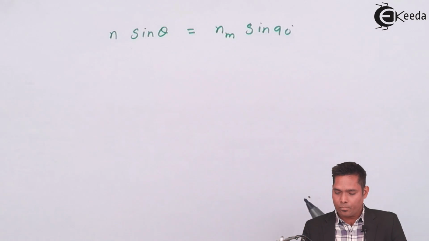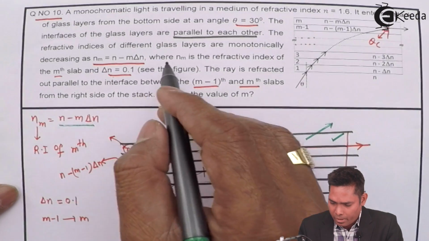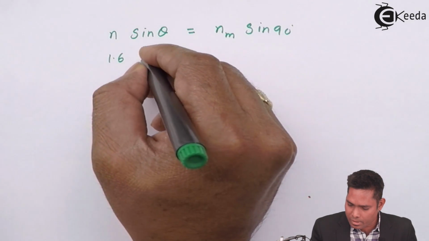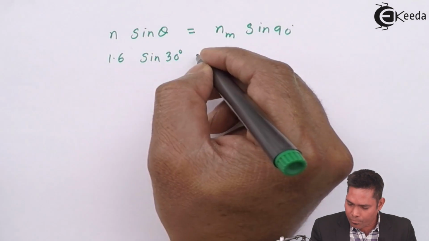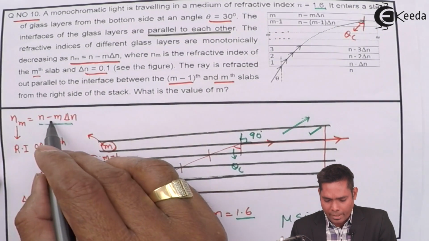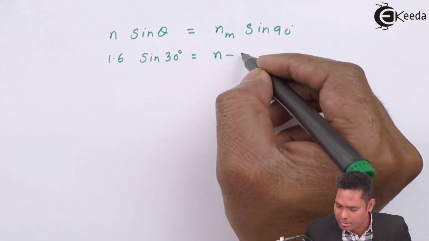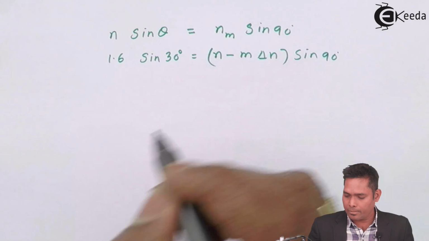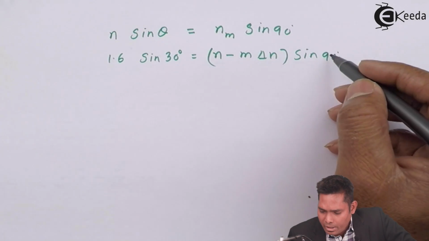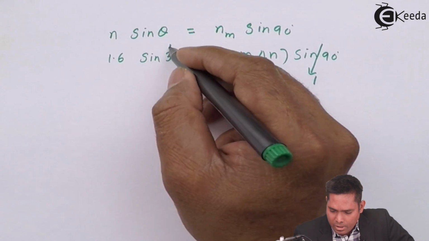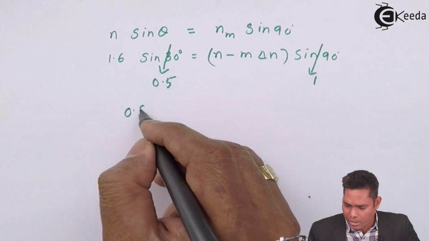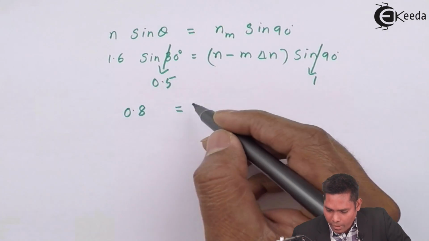Now this n is given as 1.6, so I'll write 1.6 sine of theta, which is 30 degrees, and nm is given as n minus m delta n, multiplied by sine of 90 degrees. Sine 90 is 1 and this is 0.5. So I'll write this as 0.8. This is half, so 0.8 equals nm.